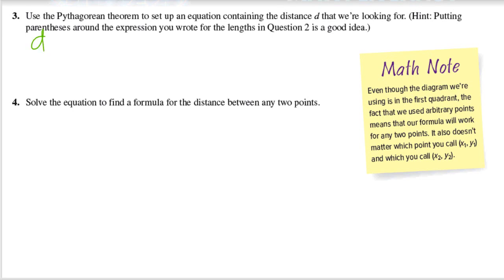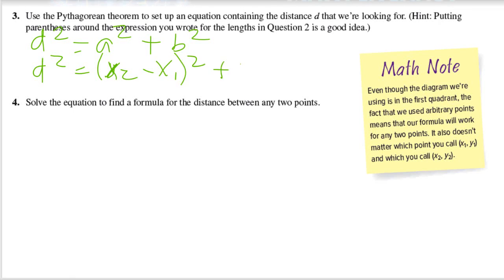So actually D squared equals A squared plus B squared, or D squared equals (x2 minus x1) squared plus (y2 minus y1) squared. And you notice we have to put the parentheses, otherwise it would just be y1 squared. It would not be the difference squared. Okay. Go on to question 4.